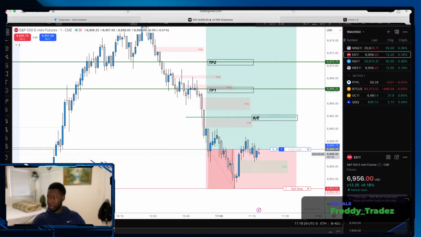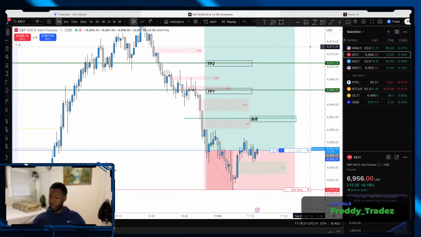As we go closer to lunch, it's probably gonna start chopping more. Hopefully I can chop and profit so I can move my stops to break even and just let it play out.